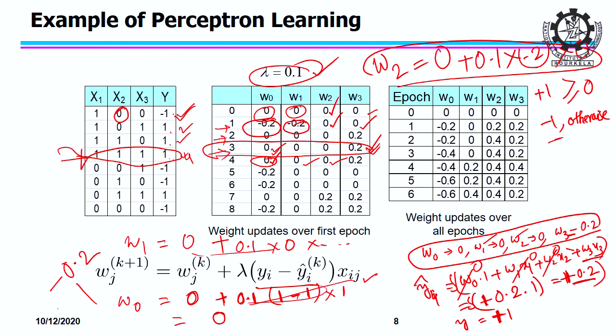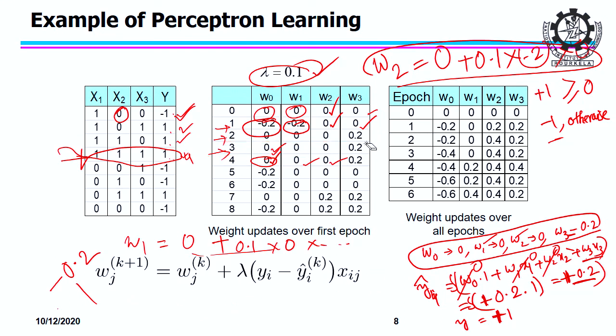So, for W 3, it is the old value, that is 0.2, plus this part. This part is 0, so the rest of the part will be 0.